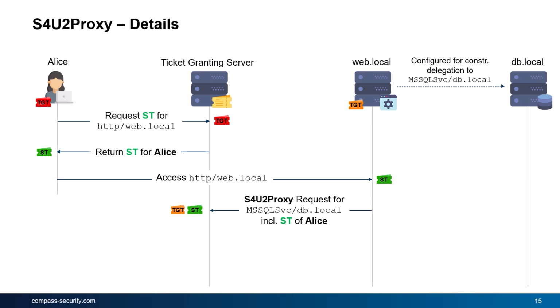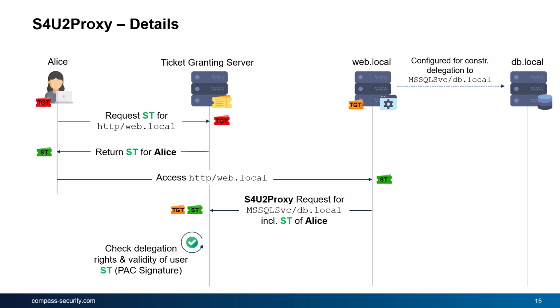Now the ticket granting server will validate everything. So it will validate the TGT, it will validate the delegation configuration. So is web.local actually allowed to delegate to db.local or not? And then it will also validate the service ticket, specifically the signatures within the PAC. So, to check that web.local has not tampered somehow with the service ticket.